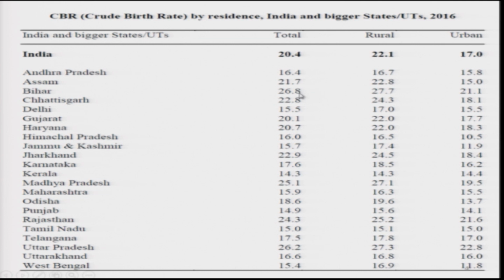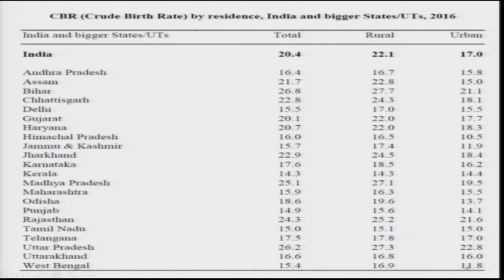In Bihar it is 26.8, in UP it is 26.2, means on every 1000 people combining both males and females and all age groups, every year 26.8 children in Bihar and 26.2 children in Uttar Pradesh are born.